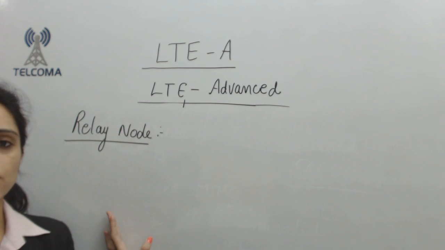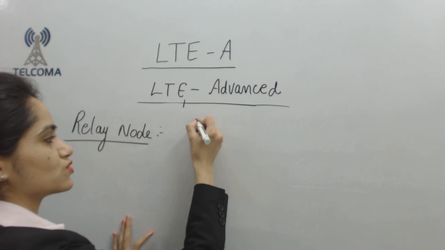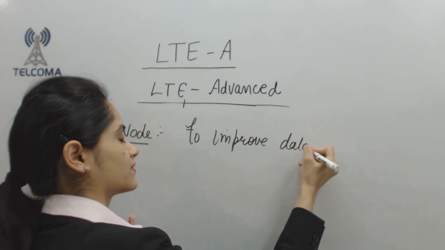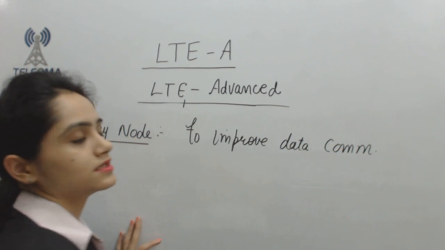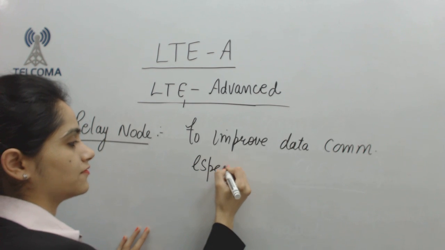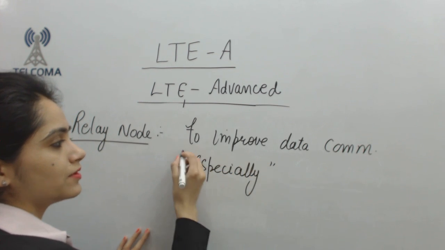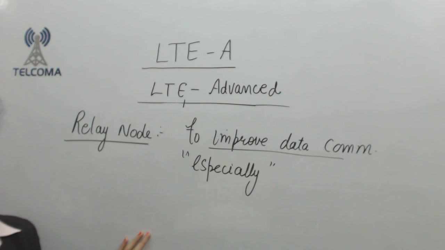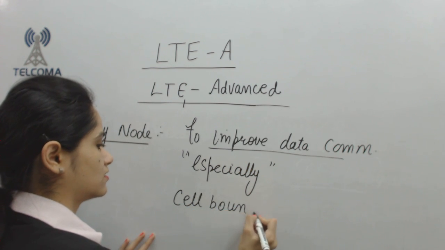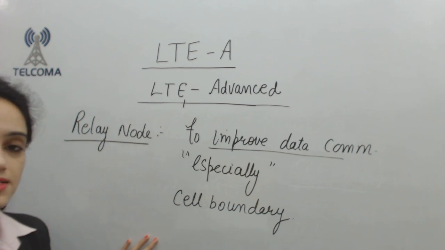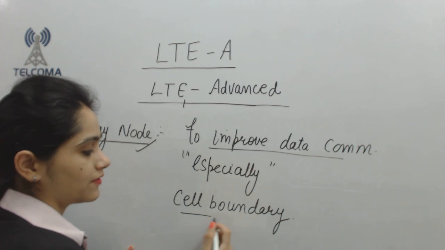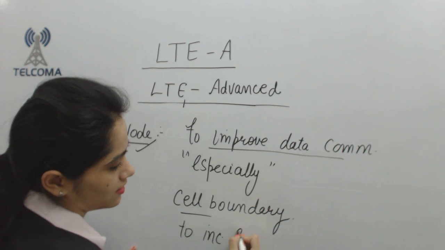This relay node is basically required to improve data communication, especially at the cell boundary, because the data rate always decreases at the cell boundary. We use these nodes at the cell boundary so that we can also increase coverage.